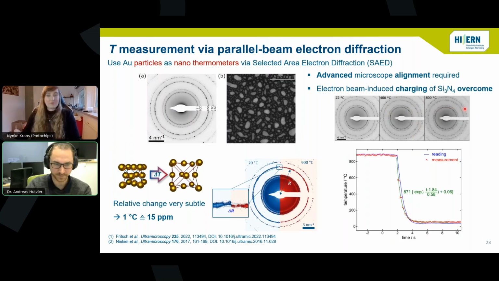What we did here is we added a thin layer of carbon, I think it was 3 or 4 nanometers of carbon on the backside of the chip. And this already strongly reduced charging. And the second effect we took into account is window bulging, which was excluded by this highly parallel beam alignment.